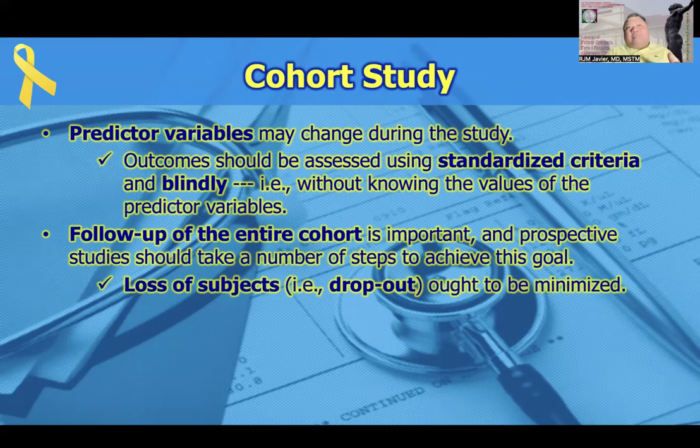Whenever there would be significant attrition rate, we will talk about loss to follow-up or dropout rates or attrition rates in the future. But just be mindful that in general, we have an arbitrary value of 20% and below as acceptable.